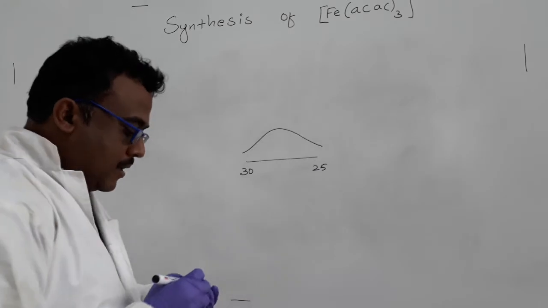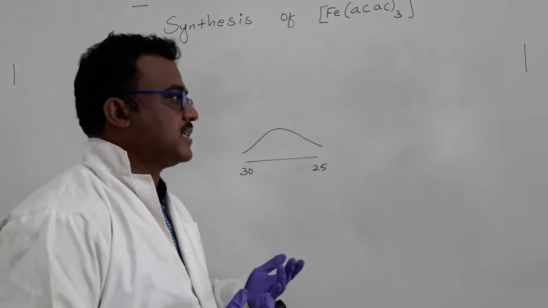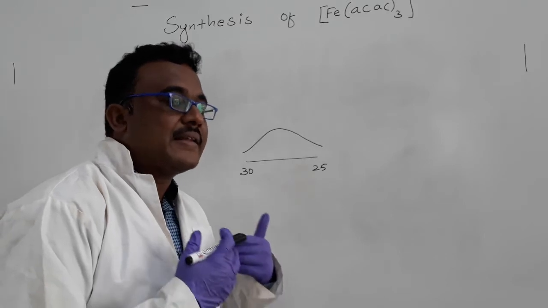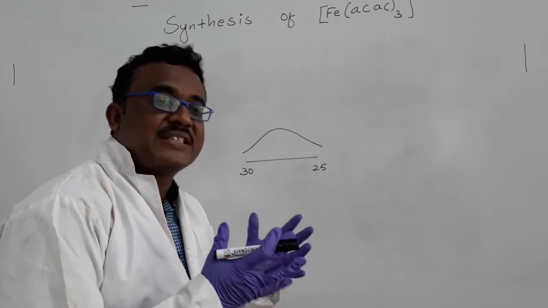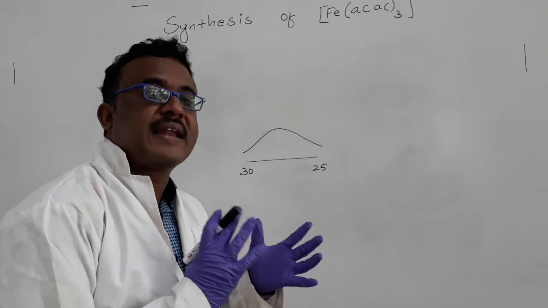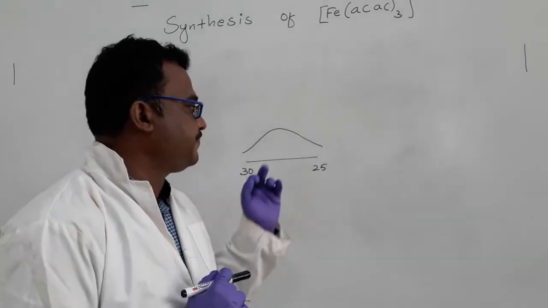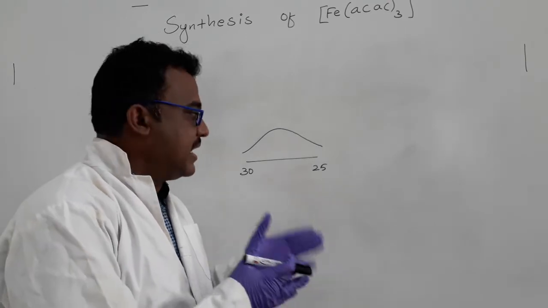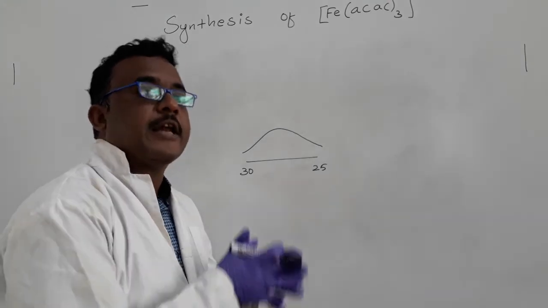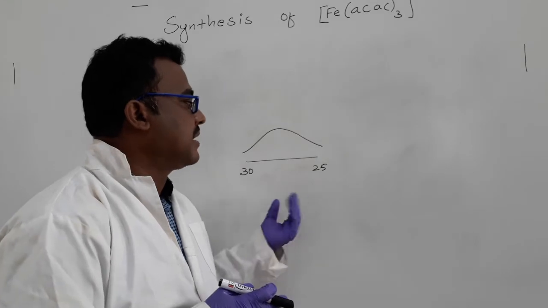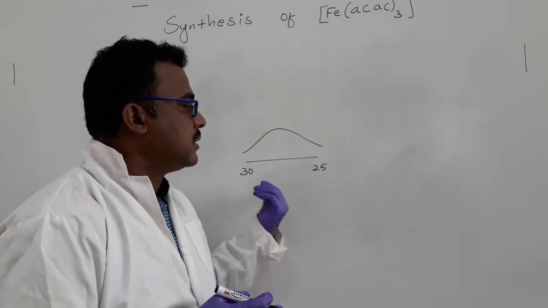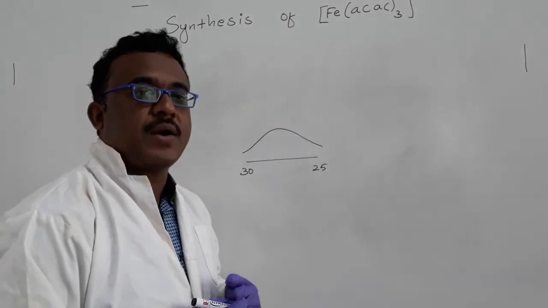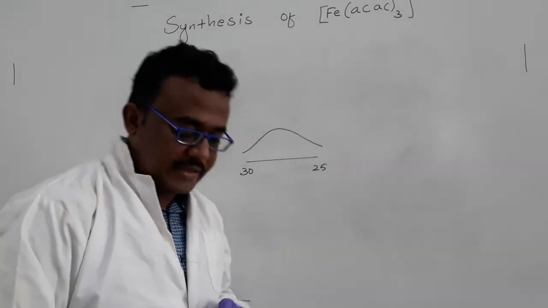The broadness arises due to the presence of 5 unpaired electrons, which causes a difference in relaxation time. Because of this difference in relaxation time, we can expect a broad peak in the downfield shifted region, which is due to the unpaired electrons present in the iron center.